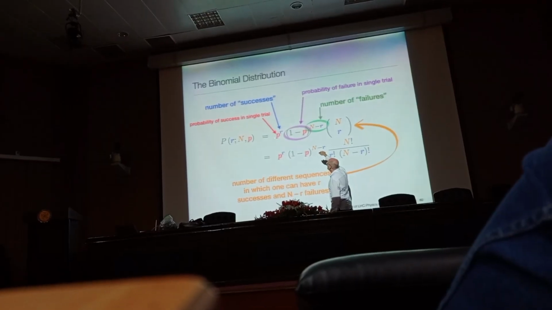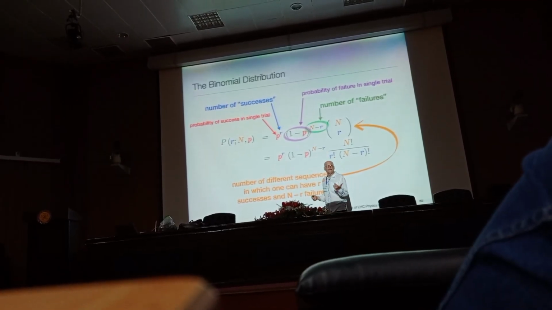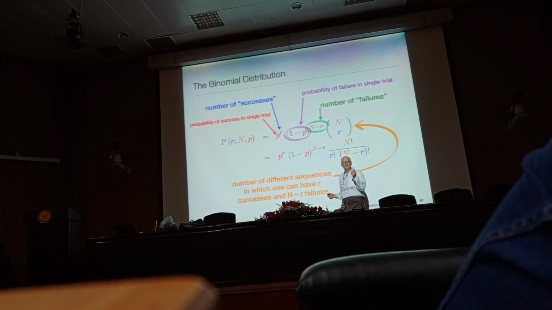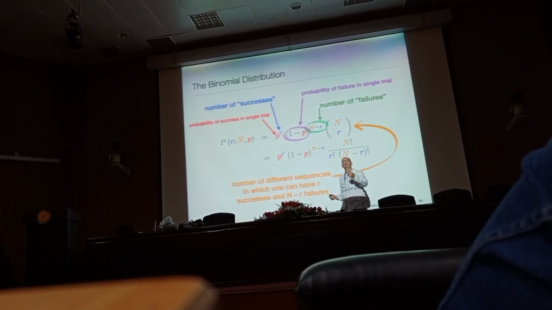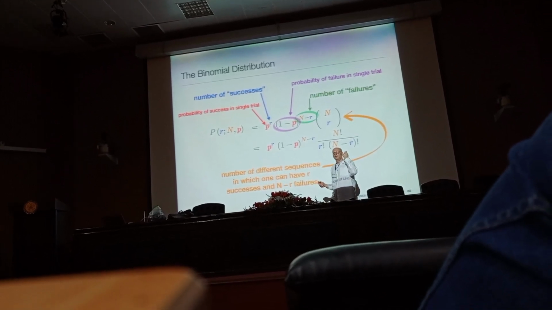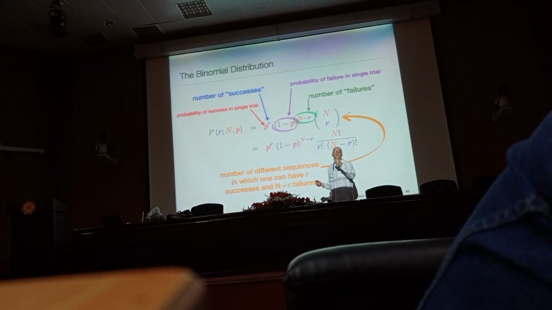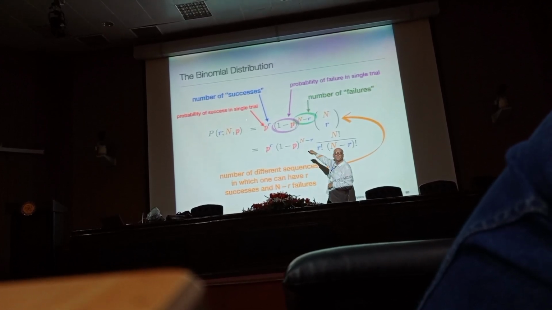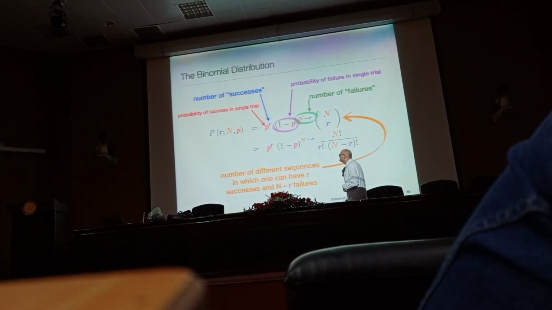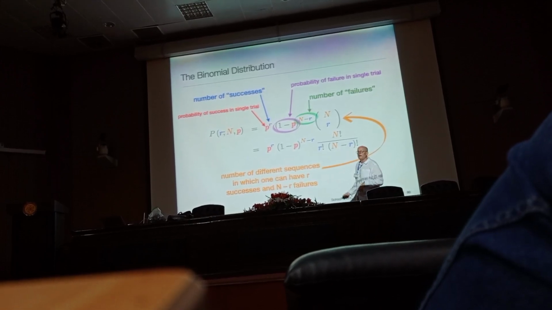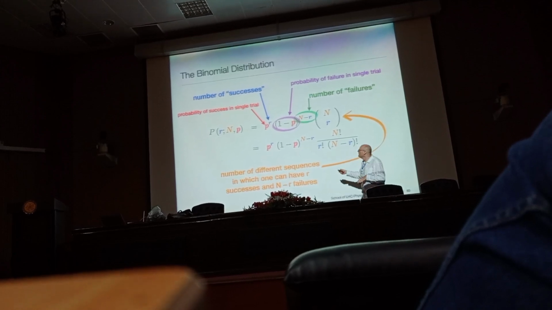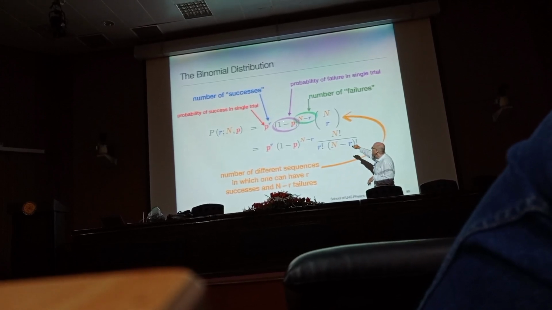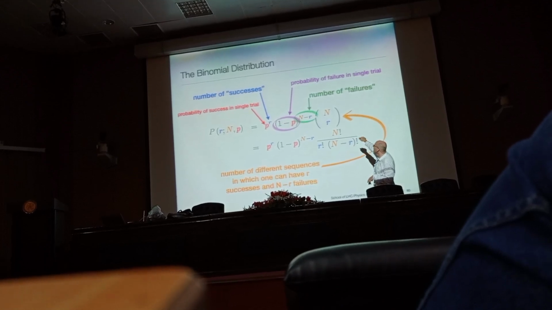If I try r times and I want r successes, the probability of success with 1 try is p, 2 successes is p times p, 3 successes is p times p times p, etc. So that gives me p to the power of r. Then after I've had my r successes, I want n minus r failures. The probability of a failure is 1 minus p, and the probability of n minus r failures is then (1 minus p) to the power of n minus r.